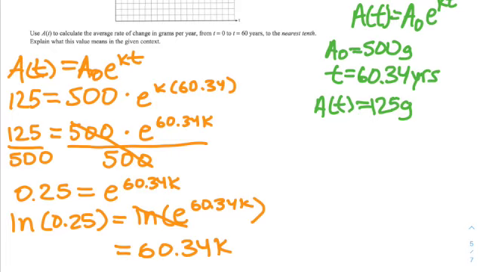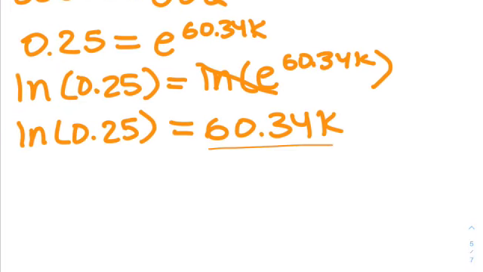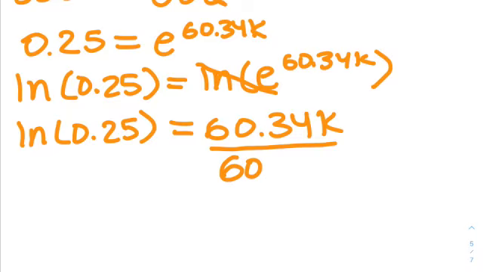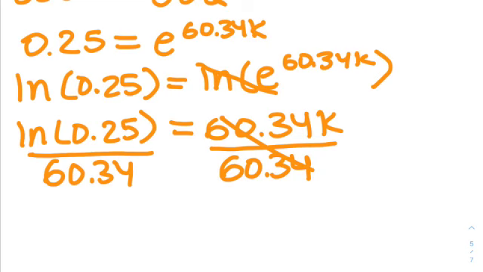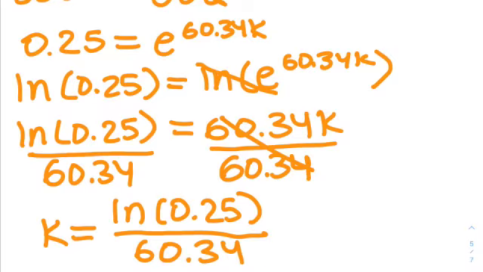And then on the left side, we just have ln of 0.25. Okay, our next step is we want to isolate the variable k. So we can do that by dividing both sides by 60.34. Okay, when we do that, now we can isolate the k and put it on the left side, and on the top we can put ln of 0.25 and divide that by 60.34.